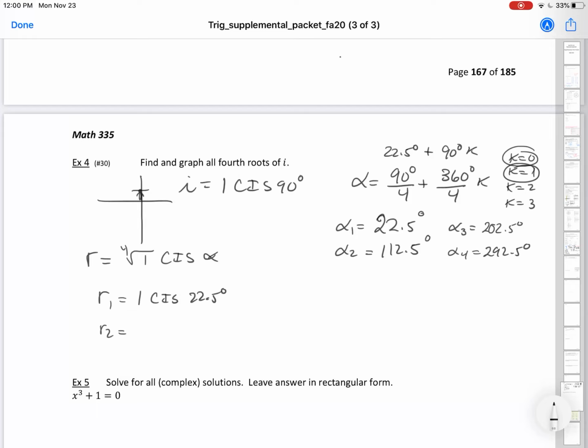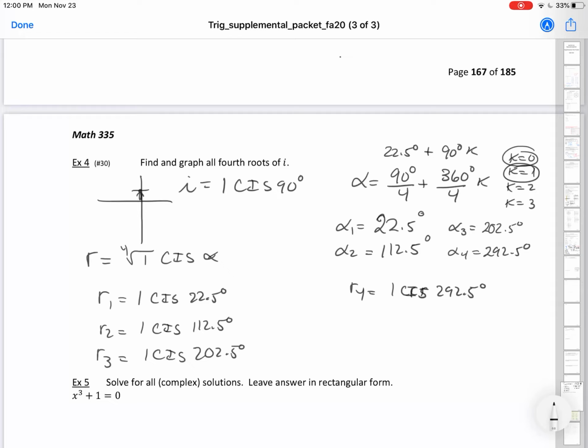R2 is going to be 1 cis of 112.5 degrees. R3 is going to be 1 cis of 202.5 degrees. And R4 is going to be 1 cis of 292.5 degrees.